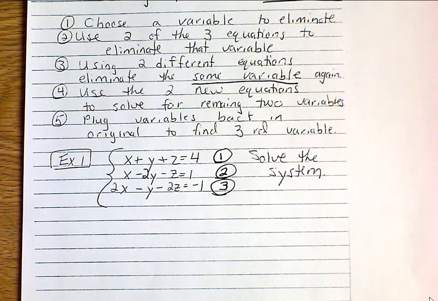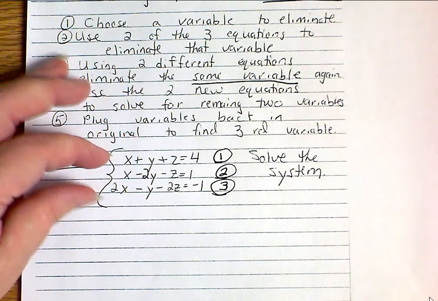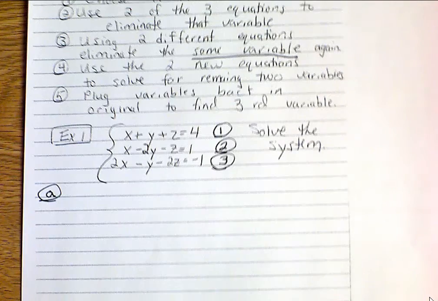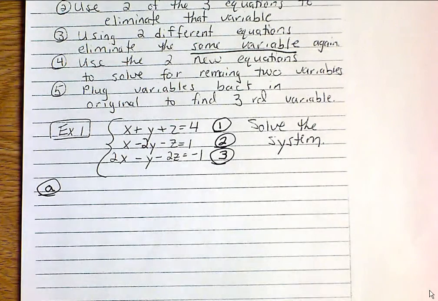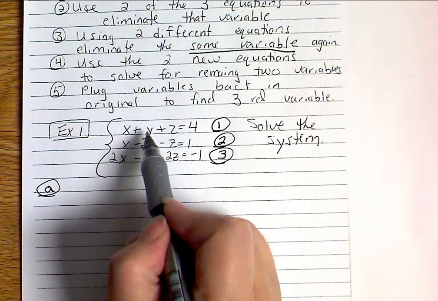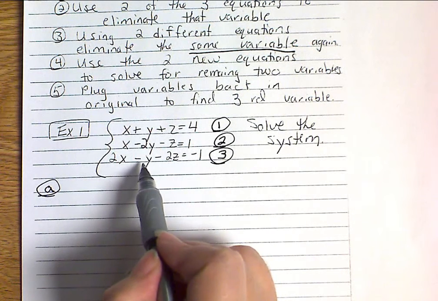But for the sake of this one, we are going to get rid of our Y's. And we are going to choose 1 and 3. And I'm going to label it A so that when you look back, you'll see what we did. The first thing I'm going to do is, because this is Y and this is negative Y, that's why we're choosing Y.